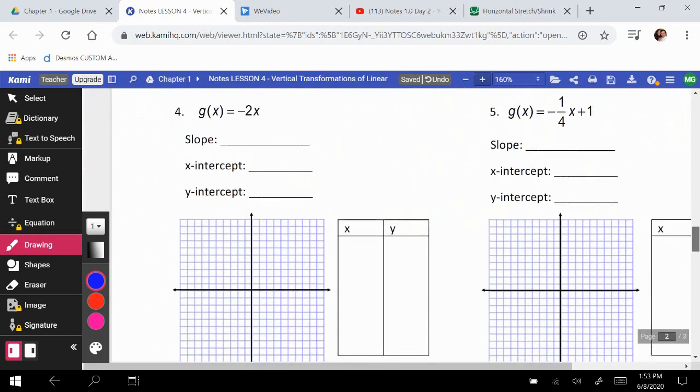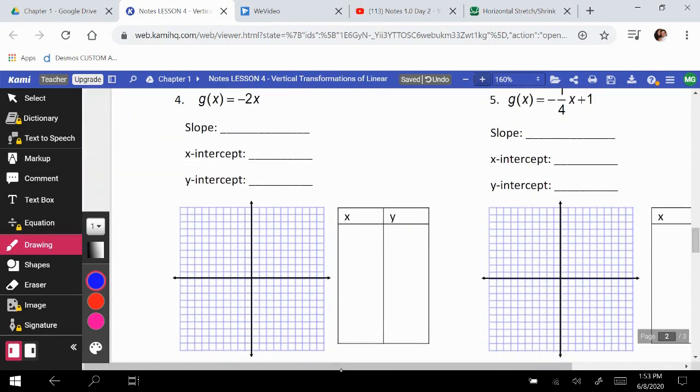Okay, let's just focus on the transformations of these other two graphs. I'm not going to do the XY charts for these. We already know what the parent function looks like, right? Really it goes from corner to corner if you want to graph it quick, and you know it's got to go through the origin. For the new function, it has a slope of -2, it has a y-intercept of (0, 0). I know that because there's no b value.